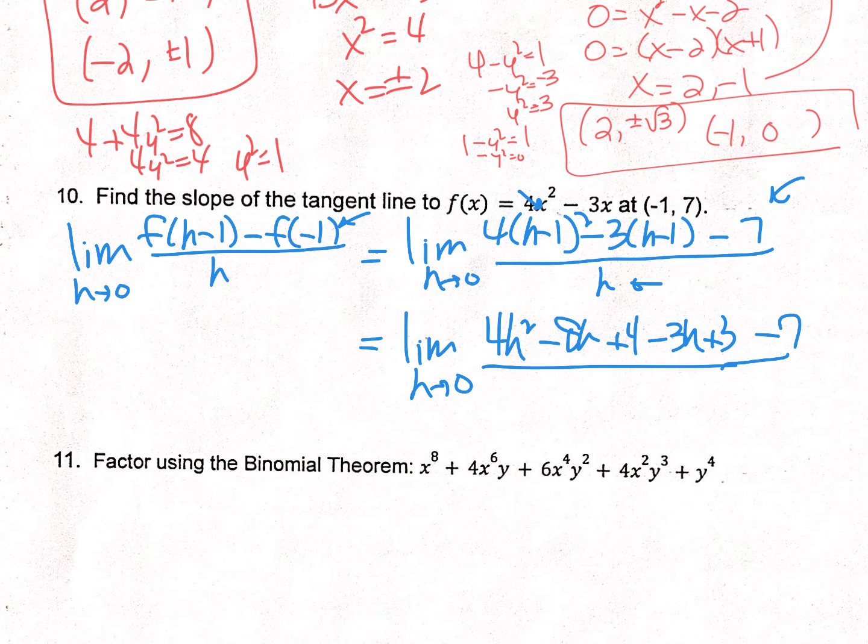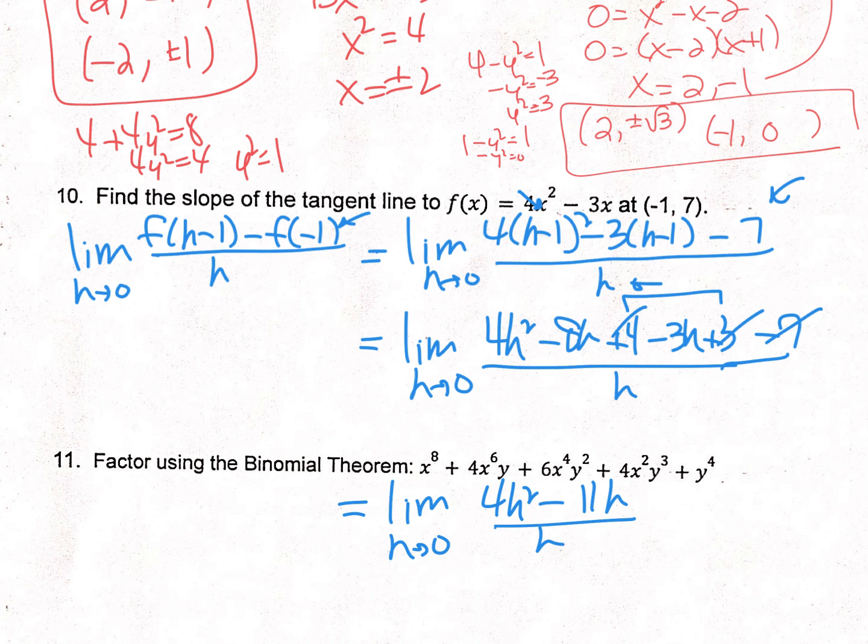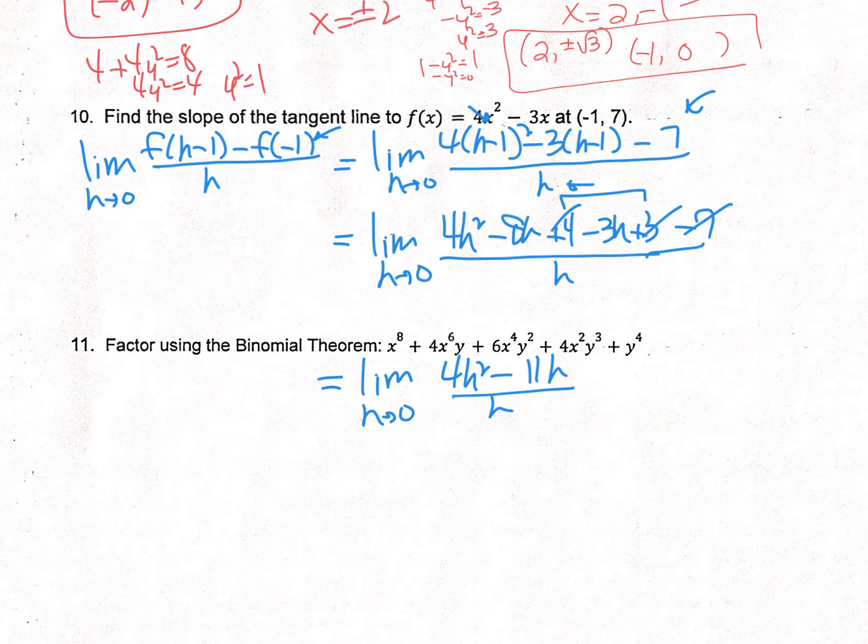Now, one thing I really like, I have a 4 and a 3. 4 plus 3 is 7, and I have a negative 7, so those are out of here. That gives me the limit as h approaches 0 of, that's over h by the way, 4h squared minus 8h. Oops, I can combine the 8h and 3h: minus 11h, all over h. 2 more steps and we got it.